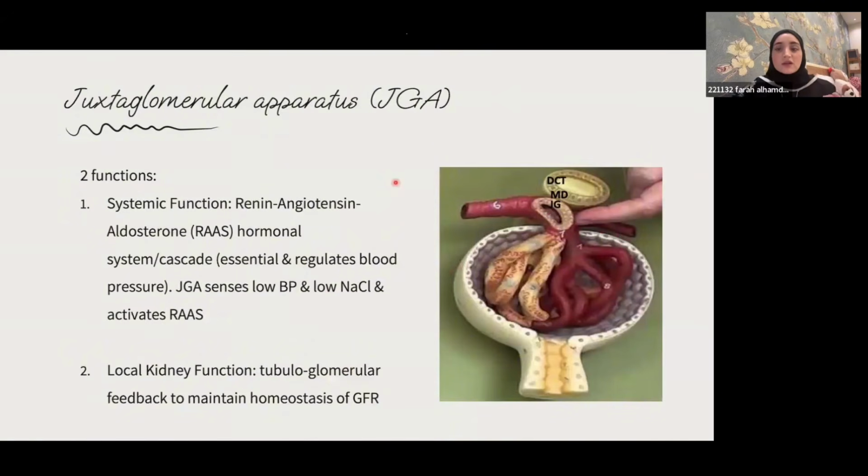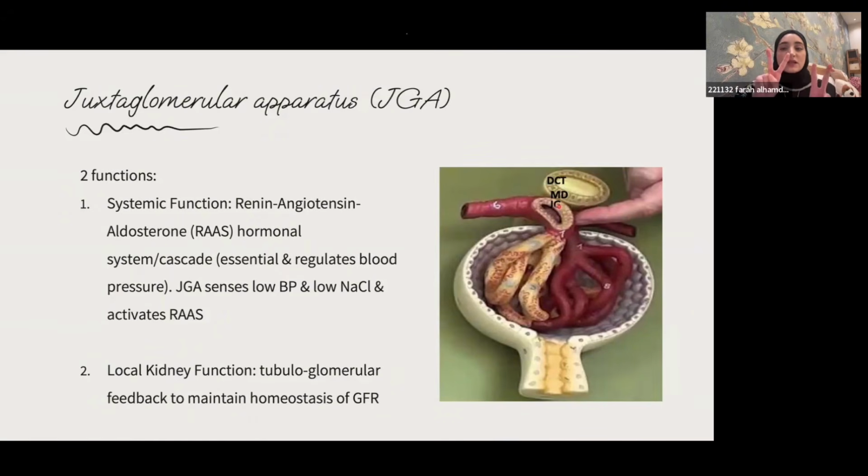The juxtaglomerular apparatus consists of three things: the juxtaglomerular cells, the macula densa, and the extraglomerular mesangial cells. Okay, this sounds like, I don't know what she's talking about, right? But I'll explain it to you. So the juxtaglomerular apparatus, you have to understand its main function so you can understand why these cells are here, or what they are.